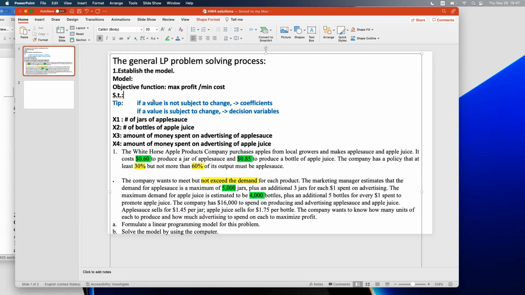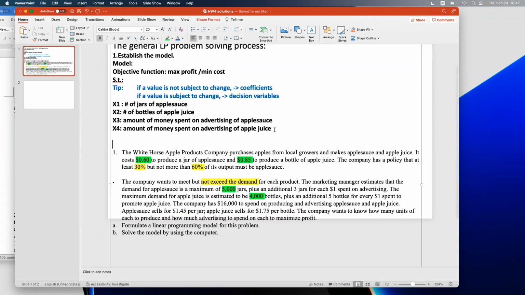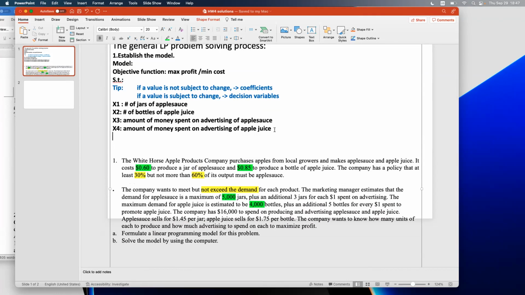So it starts with one simple thing: the objective function. So what's the profit formula? Remember from the very beginning of this course, we learned this formula.